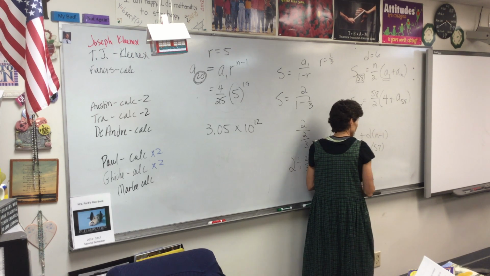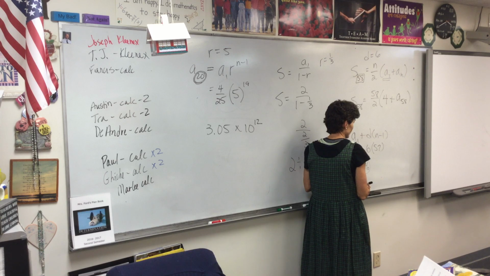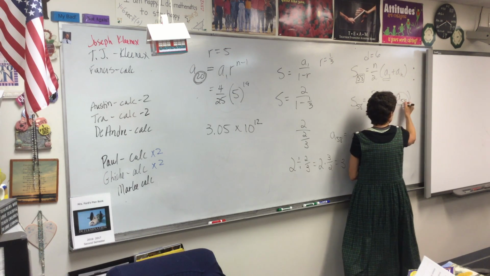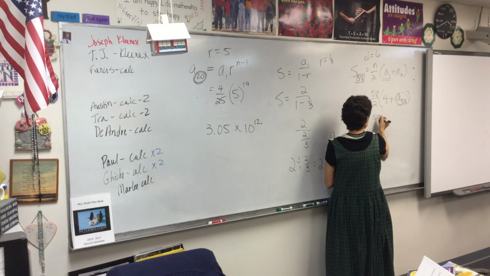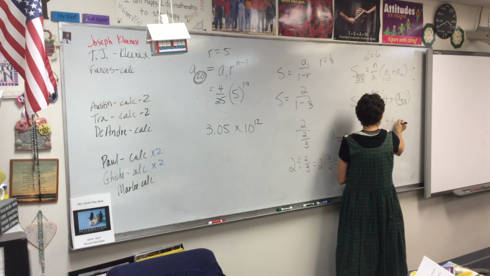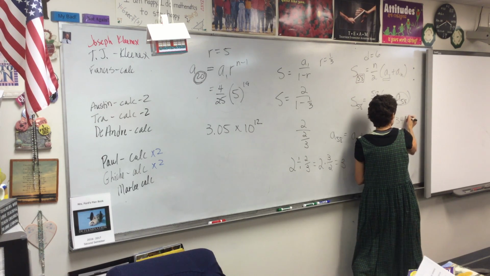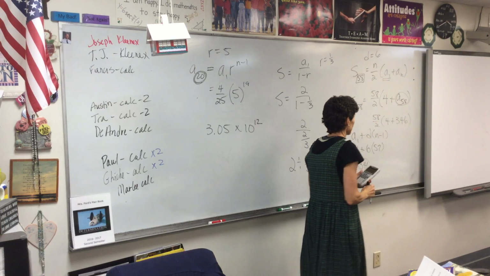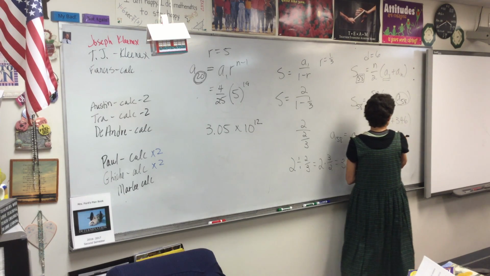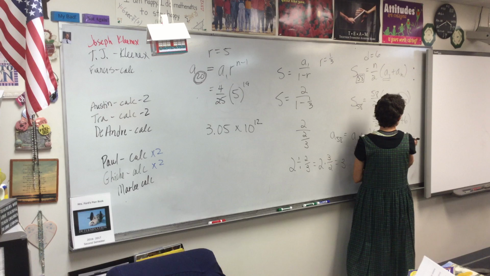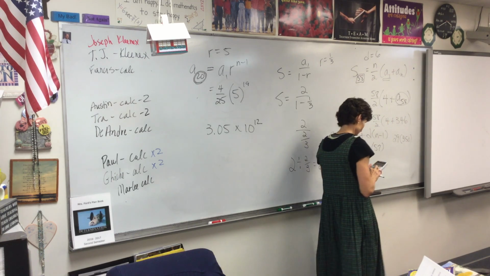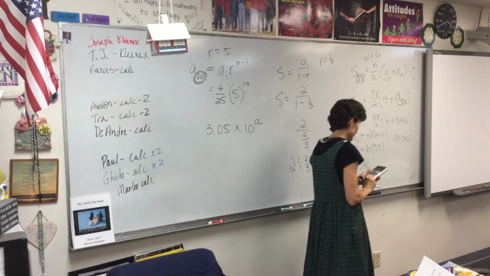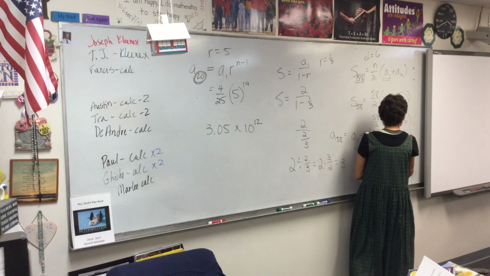Now what do I do with the 346? That's not the answer. That goes right here. So I have 58 over 2 times 4 plus 346. So that's 29 times 350. So the answer is 101.50.